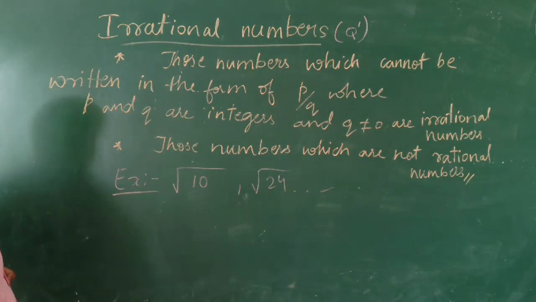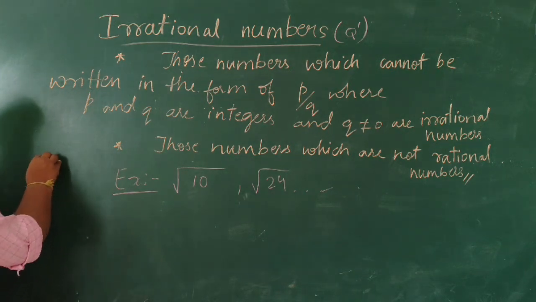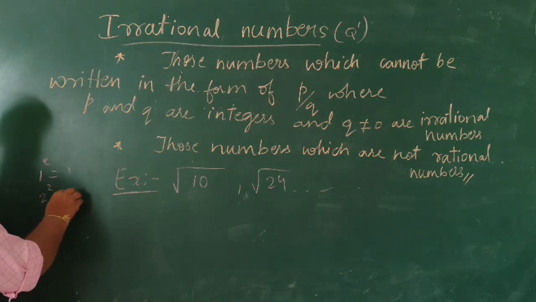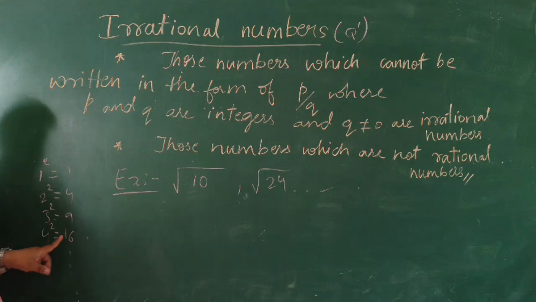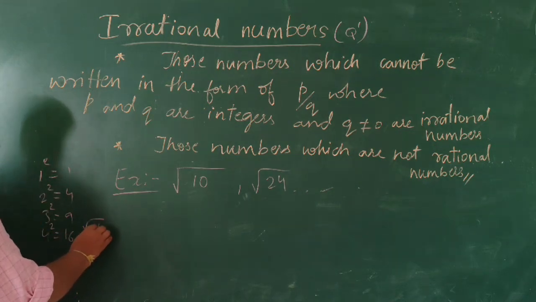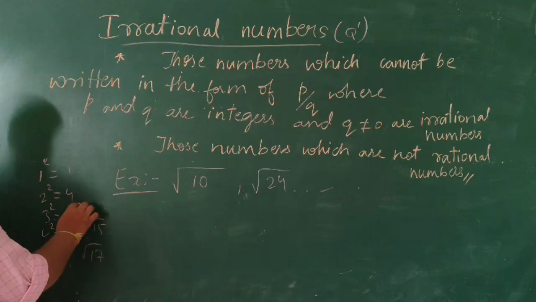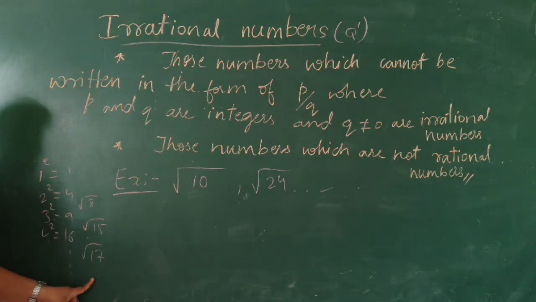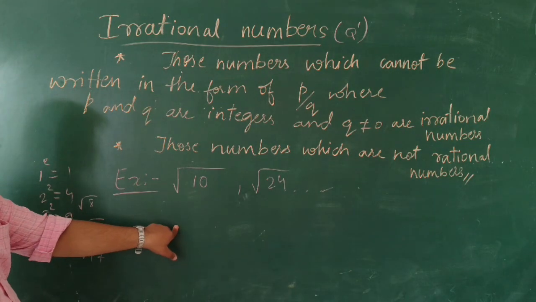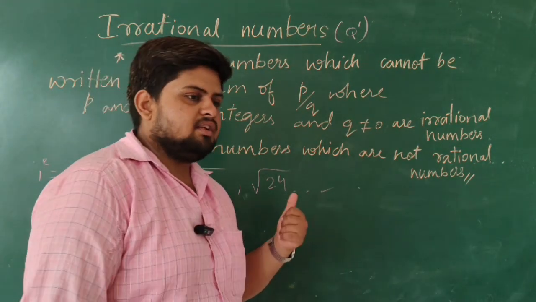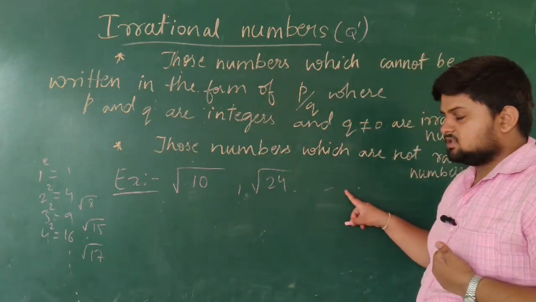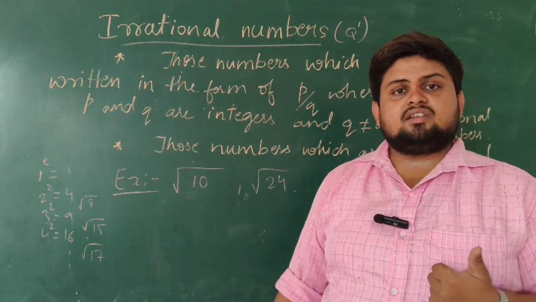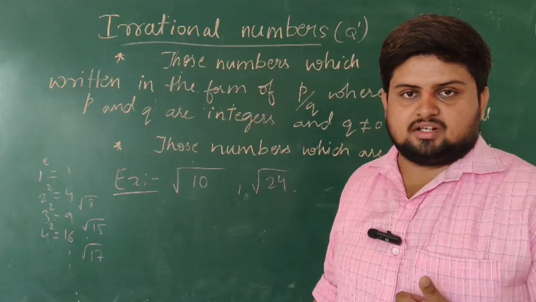We know the perfect square numbers: 1 square is 1, 2 square is 4, 3 square is 9, 4 square is 16, etc. Except these numbers, the square root of other numbers like square root of 15, square root of 17 or square root of 8, are all irrational numbers. You will have to prove that all such numbers are irrational. So now let us discuss how to prove these numbers are irrational.